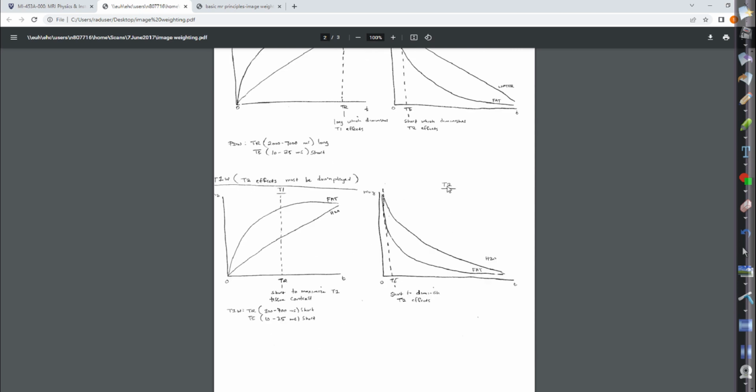Because we're downplaying T2, we don't let those tissues decay so that there's no contrast between those tissues, so we select a short TE. But since we're trying to highlight T1 contrast, we don't allow those tissues to fully recover up to 100%. We select a short TR so that you can see here how the two tissues have different signal amplitudes.